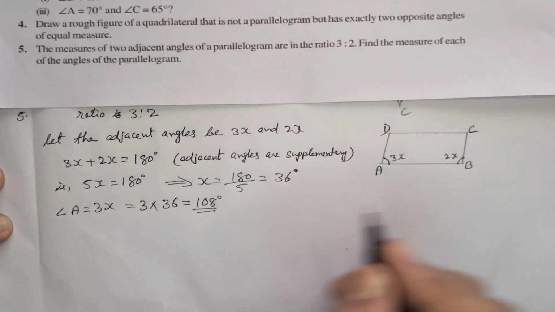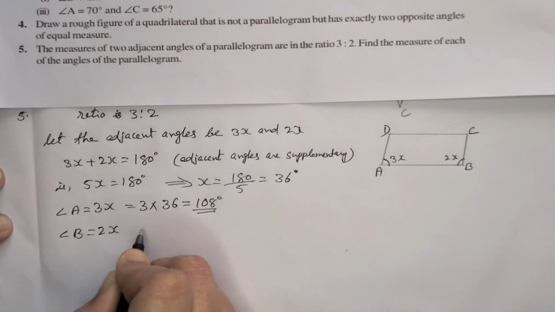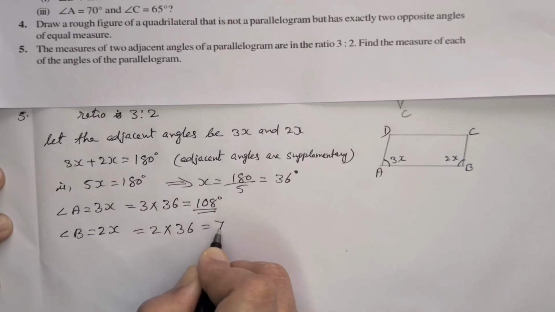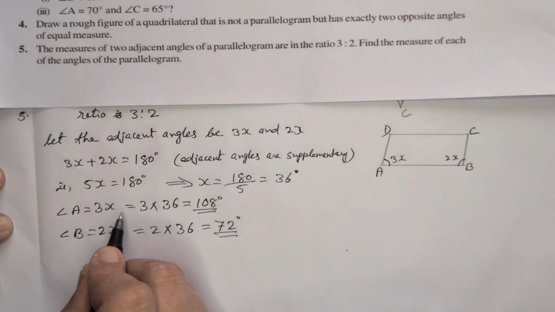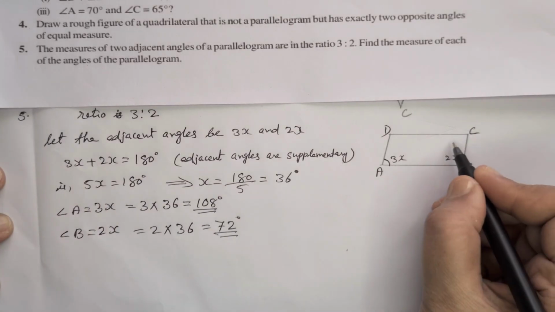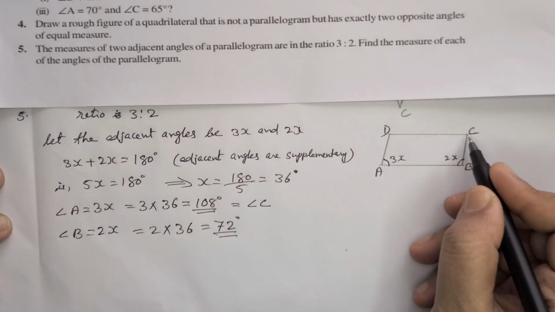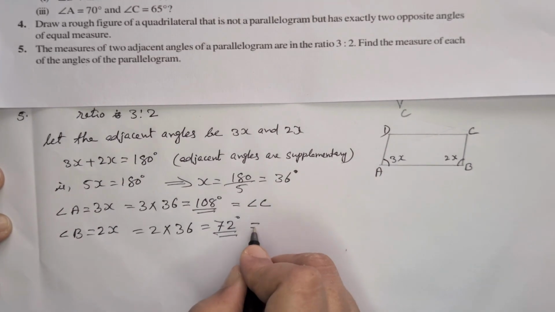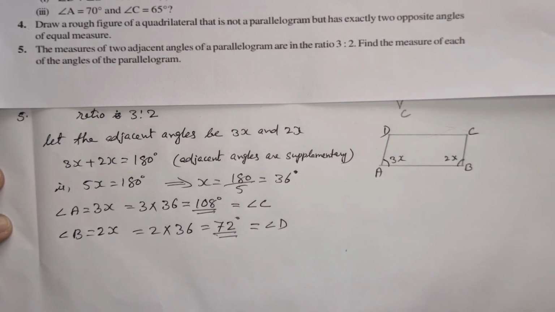Then angle B. Angle B is equal to 2x, which is 2 into 36, equal to 72 degrees. Now we know that angle A is the same as angle C. Opposite angles are equal. Angle B and angle D are equal. Angle B is 72, then angle D is also 72 degrees.